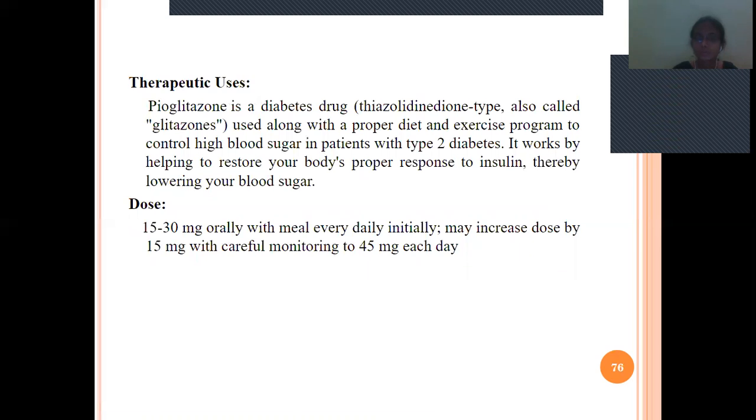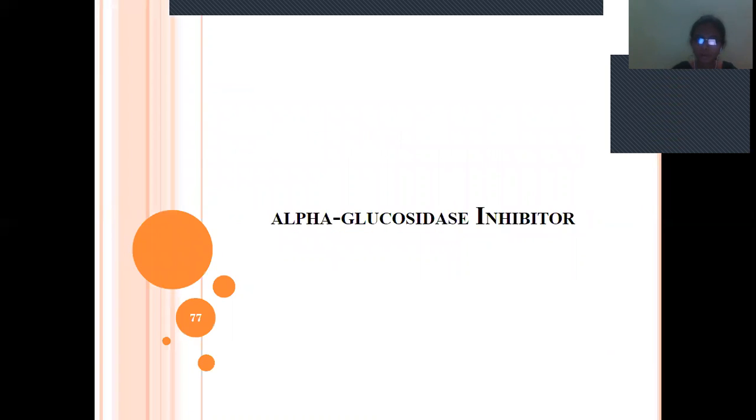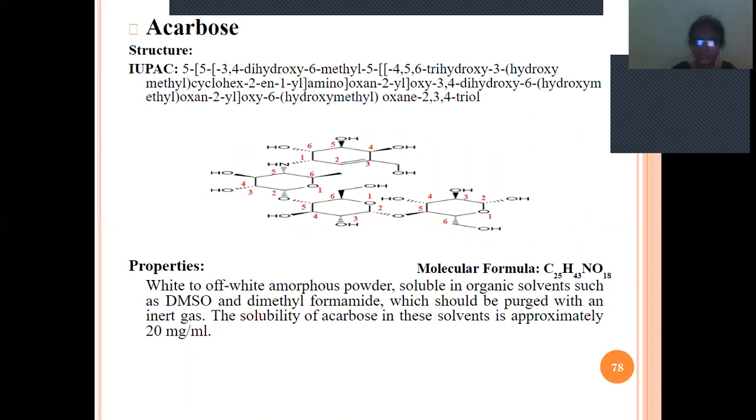Uses: it is mainly used for the treatment of type 2 diabetes to reduce the high glucose level in the blood, along with proper diet and exercise. So it is used to lower the blood sugar level in the body. So next, alpha glucosidase inhibitors.